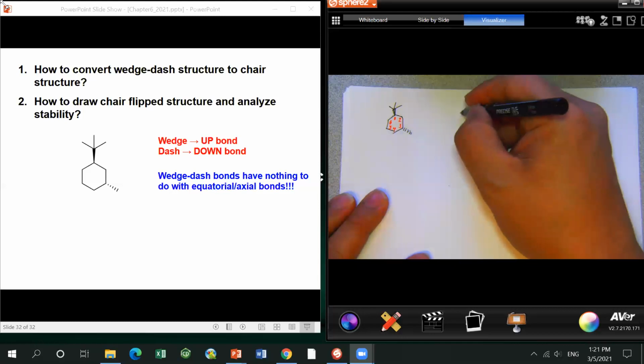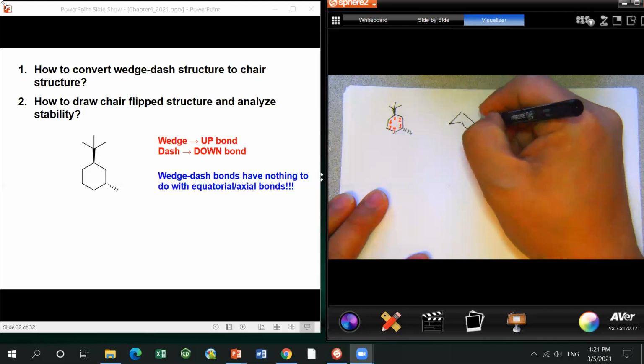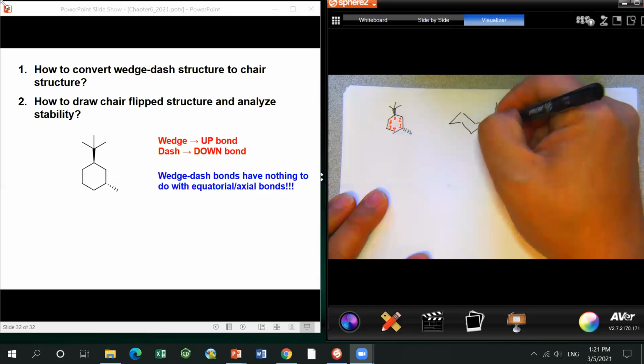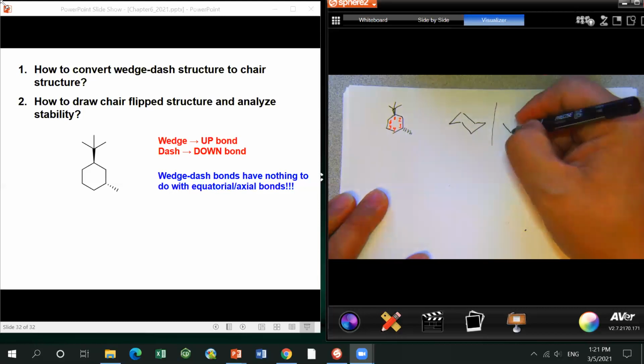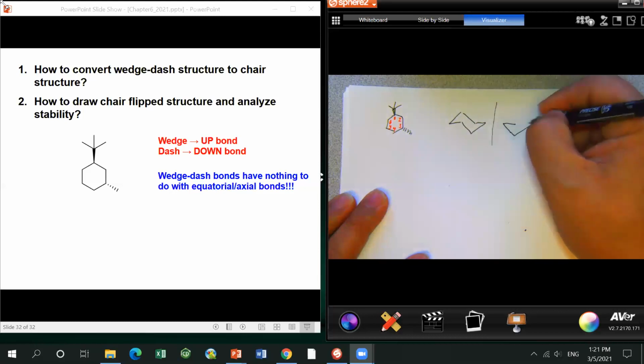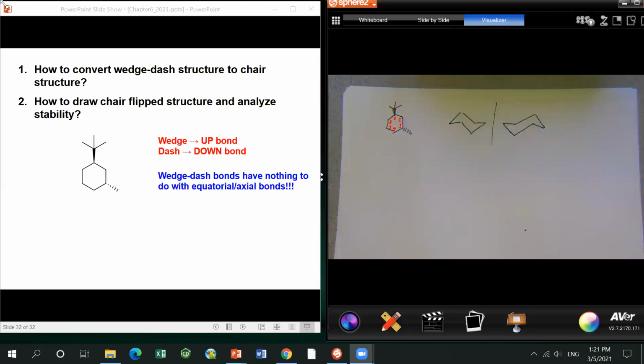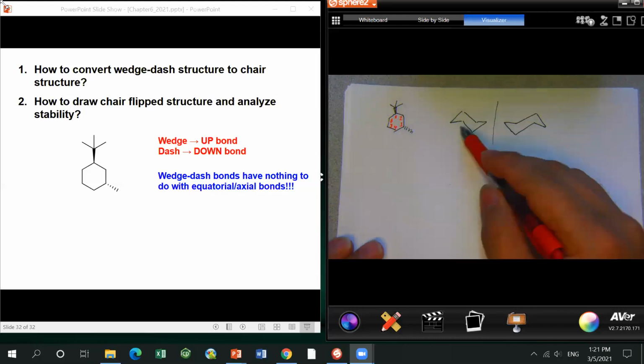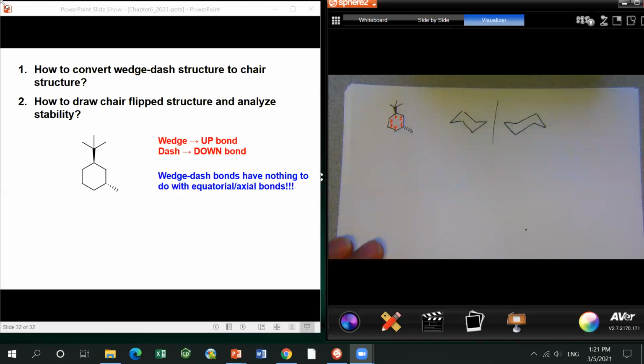So that's what we learned last time: two chair conformations, mirror images of each other. Then comes an important part: numbering these two chair conformations.